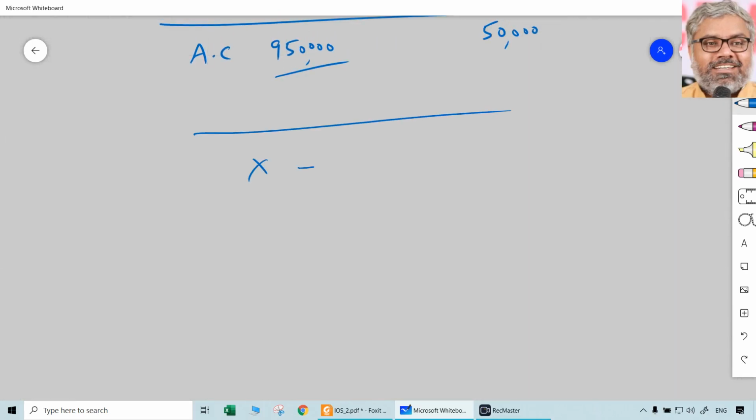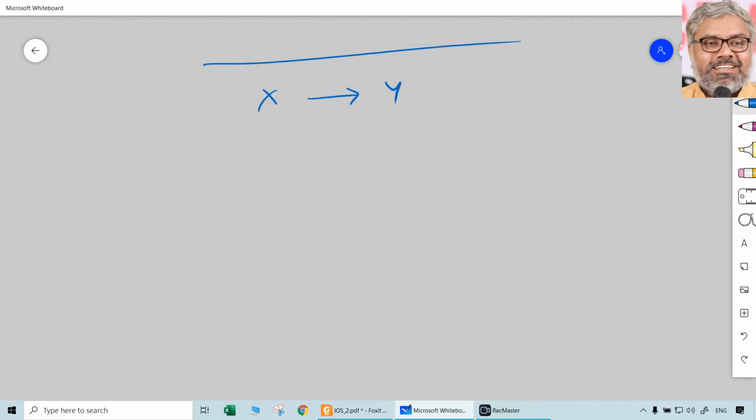So let us take another example with different numbers. X has transferred an immovable property to Y, let us say, with a stamp duty value of 50 lakhs, but actual consideration is only 30 lakhs. Then we can easily observe what 5% of actual consideration is. 30 lakhs into 5% means 1,50,000.